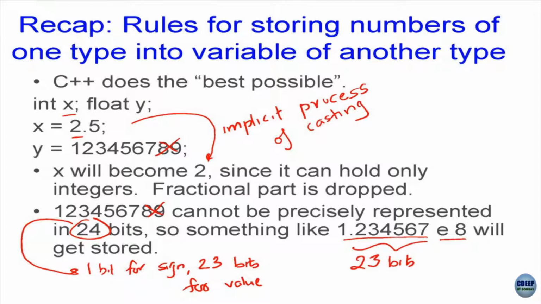So this is again a recap. When you want to store numbers of one type into a variable of another type, C++ does something very intuitive. The first idea is what we discussed earlier.